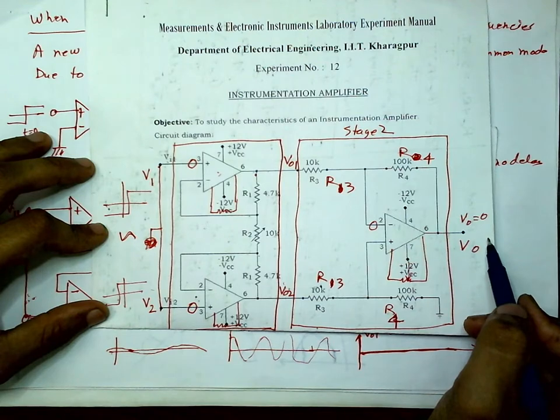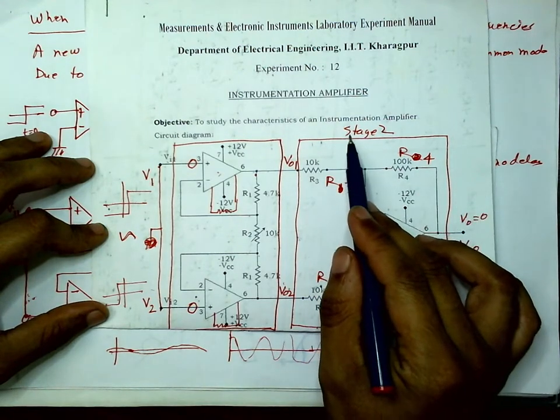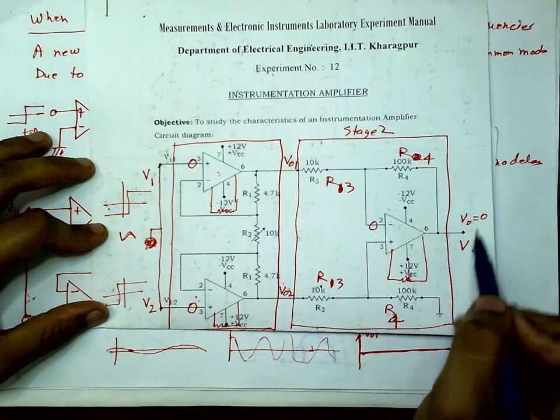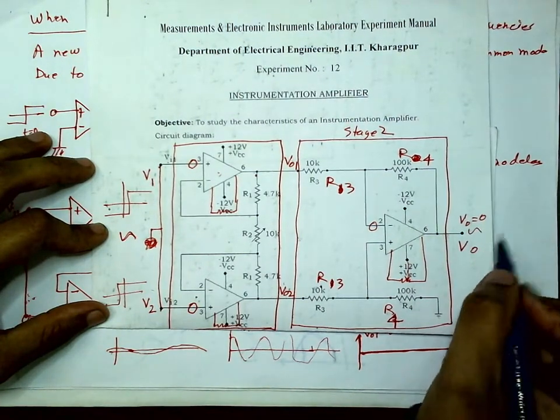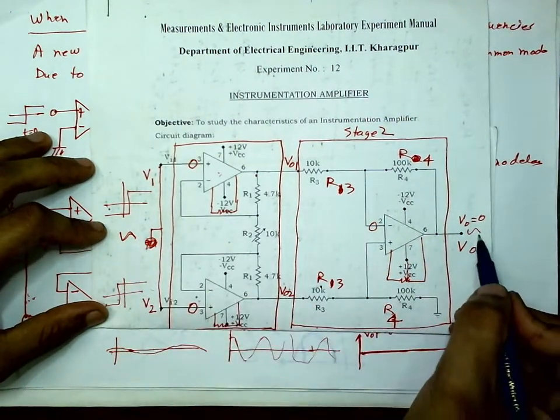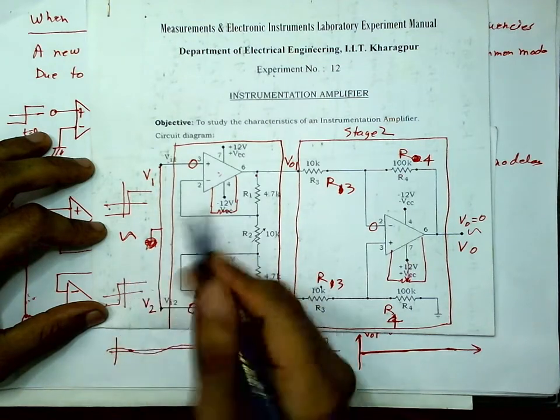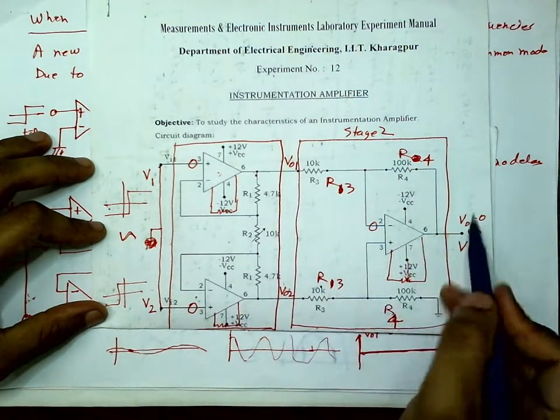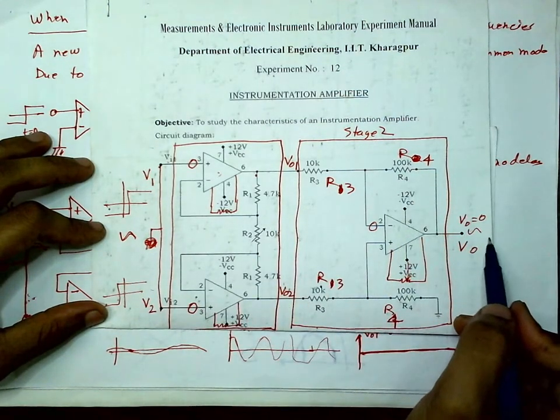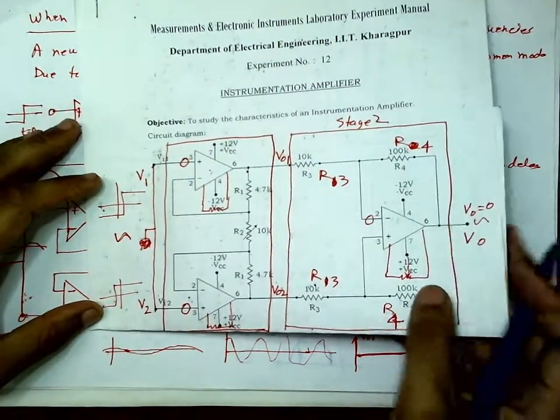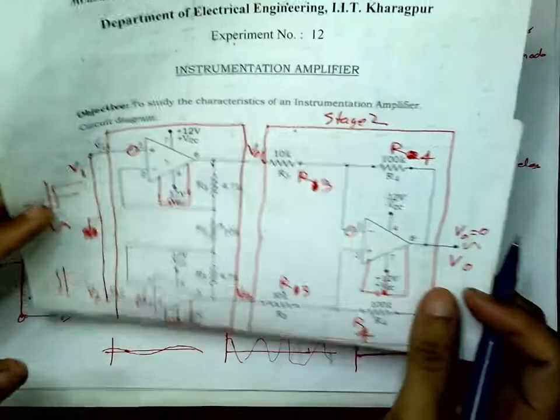The output ideally should be 0 because it should be ideally a difference amplifier, but you will still find some AC output, same frequency as the input. So find out the power of this divided by power of that, take the log, that will be the CMRR, common mode rejection ratio, and plot it. So this is what you have to do also in the lab.